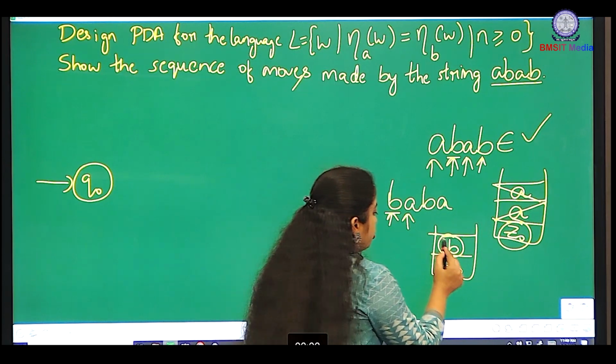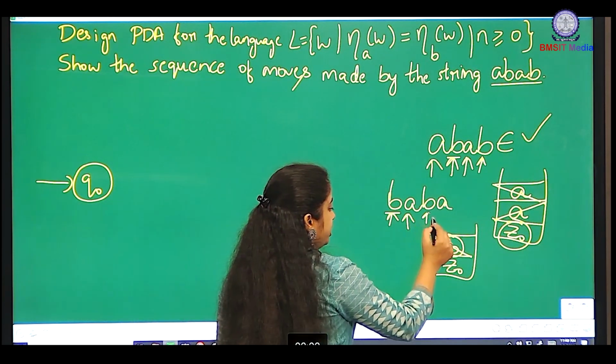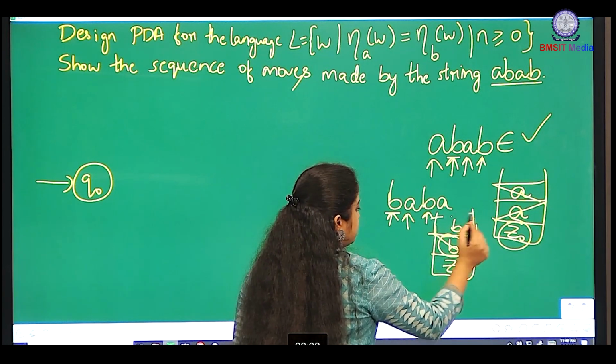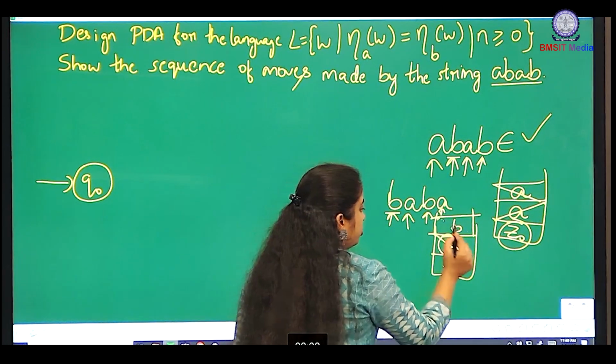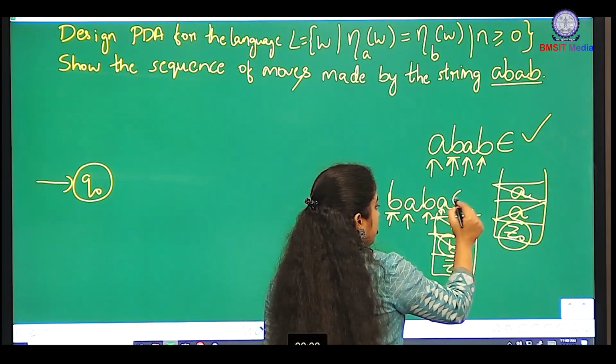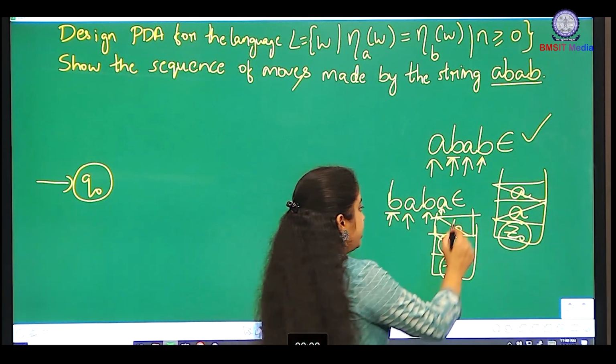So, what will you do? You will pop it. Again you read B, Z naught is the top stack element, so you push B to the stack. Again you read A, and you pop this out. When you reach epsilon, the stack element should be Z naught, and you accept that string.